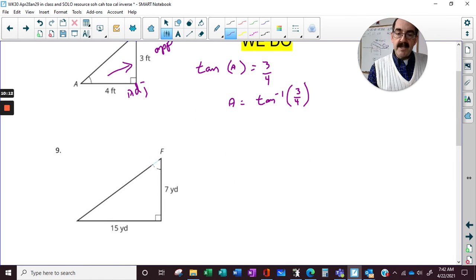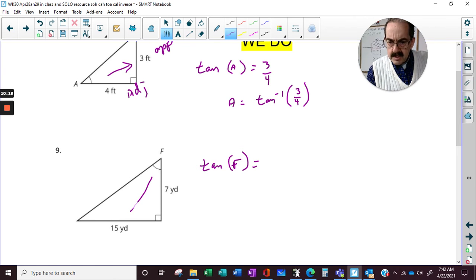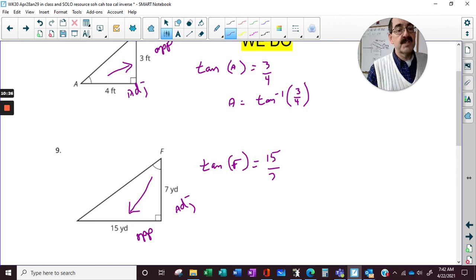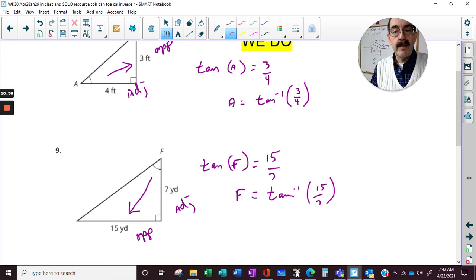Okay, same idea. Tangent F equals the OPP over the ADJ, 15/7. Angle F is the inverse tangent of 15/7. Grab your calculator, do the math.